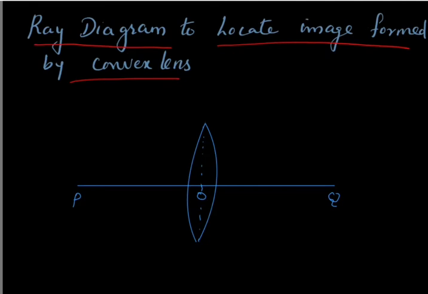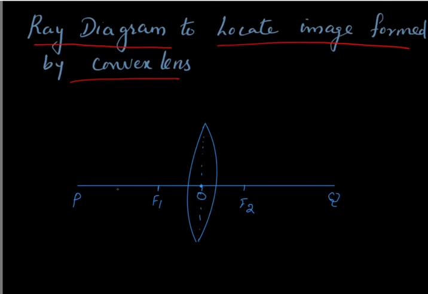After drawing the convex lens, you take equal measurements from the point O towards left and right, and you mark the focal point F1 on the left and F2 on the right side. OF1 should be equal to OF2, that is, the focal points on both sides should be equidistant.